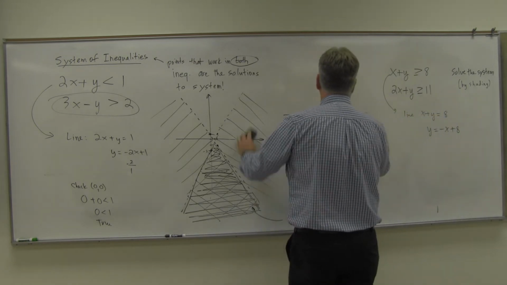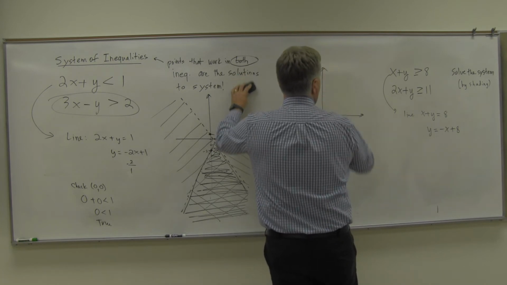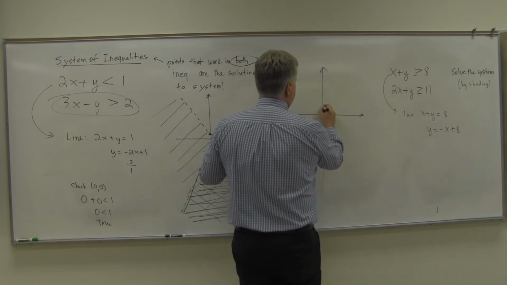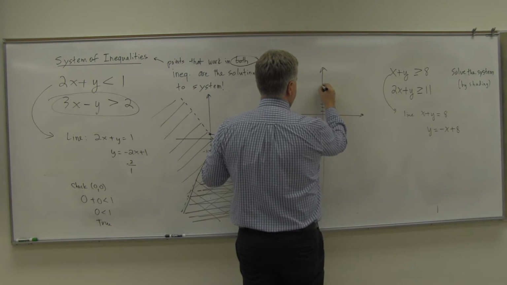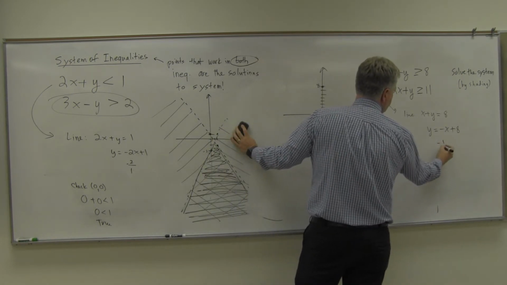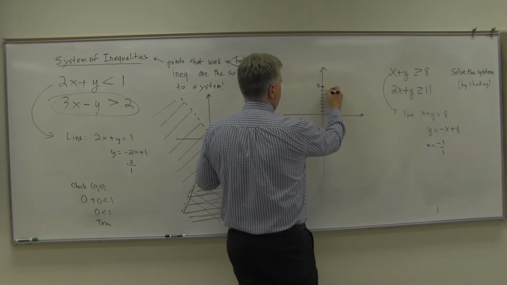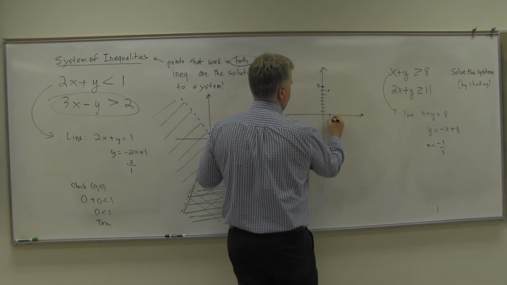So that's here. Eight is the y-intercept. -1 is my slope. So it's -1/1. So down 1, over 1, put me right there.